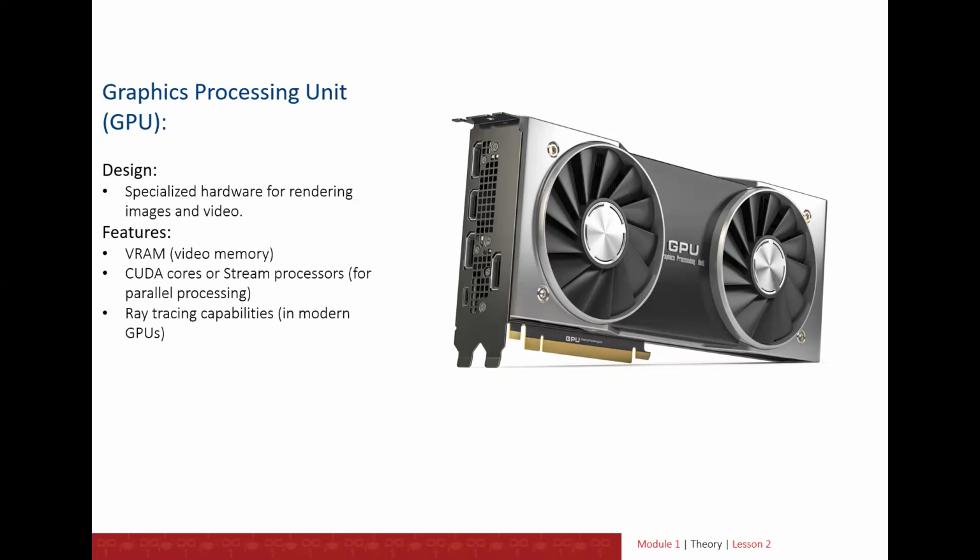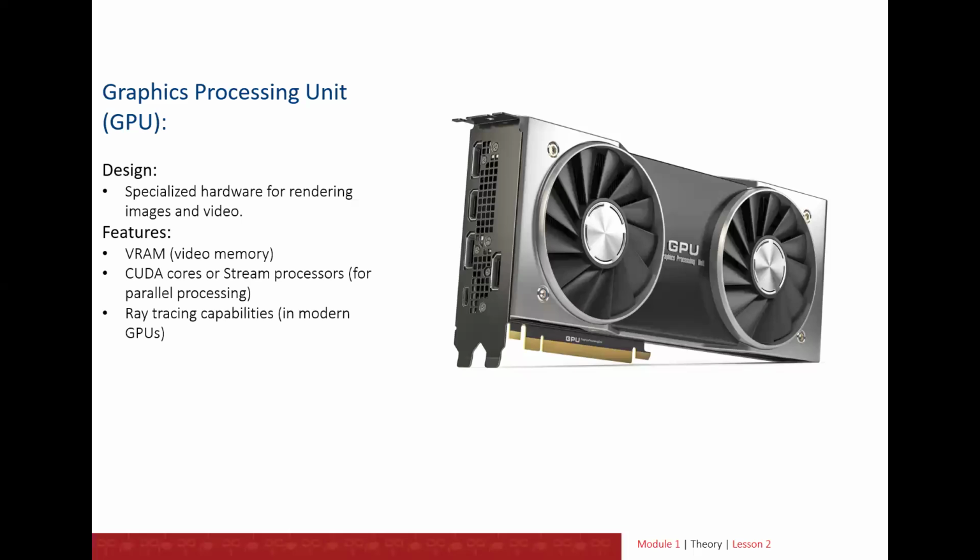This is what the GPU can fulfill. So the GPU is a specialized processor designed to accelerate the rendering of images and videos. While the CPU handles generic or general computing tasks, the GPU takes care of the heavy lifting when it comes to graphics. That makes it crucial for gaming, video editing, and graphic designing.